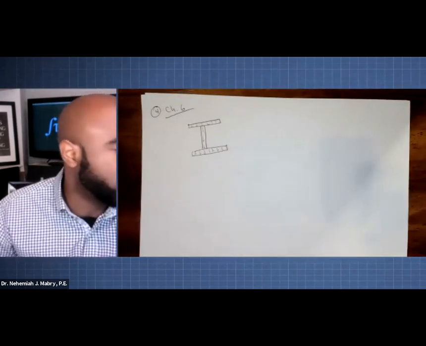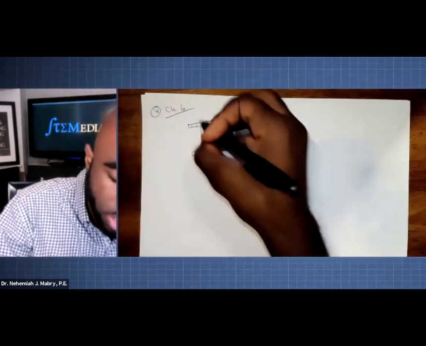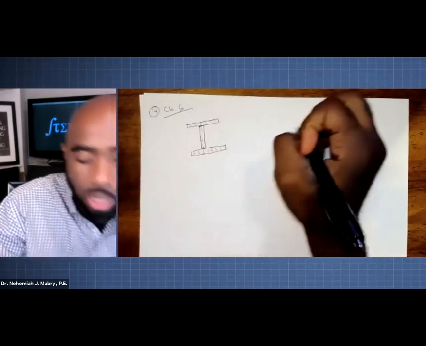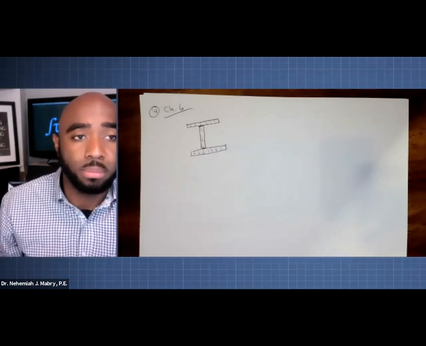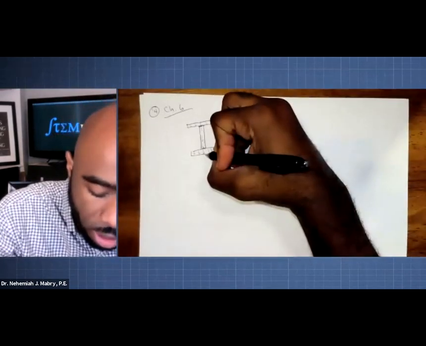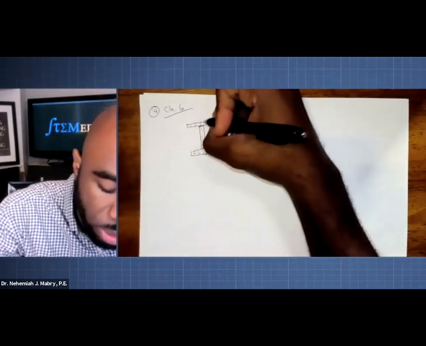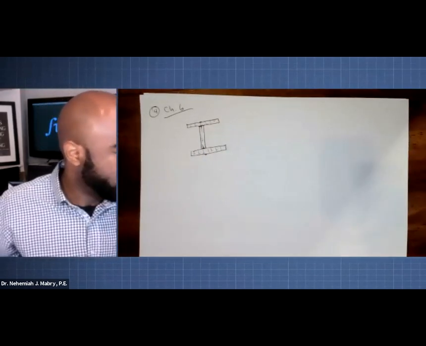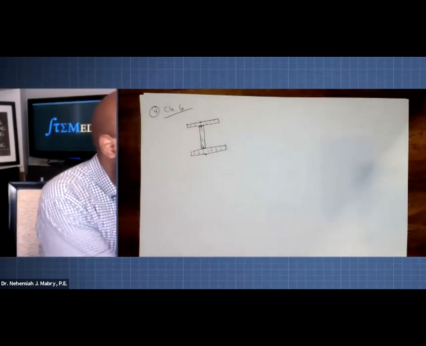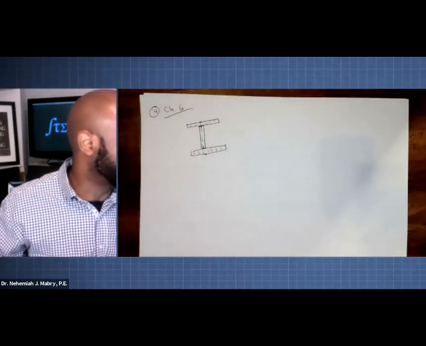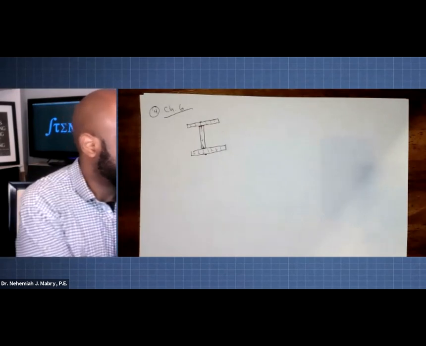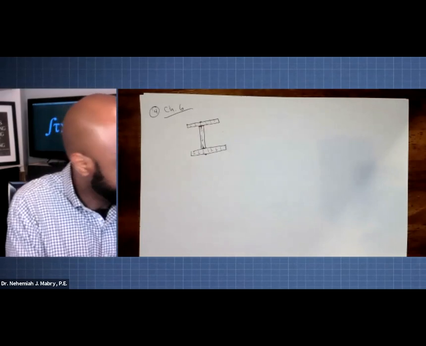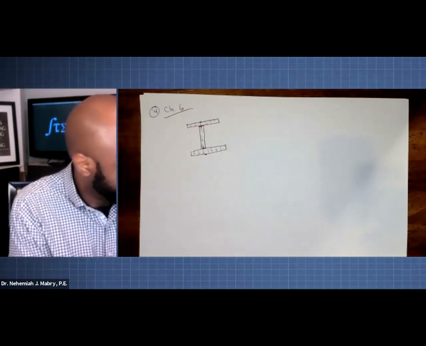And then we also shared with you that there is a shear flow that happens longitudinally, particularly at these interfaces here. And so we told you about the fact that there are fasteners at times that go through this interface, and that you will have a need to calculate that shear flow, or calculate the shear stresses on that cross section.